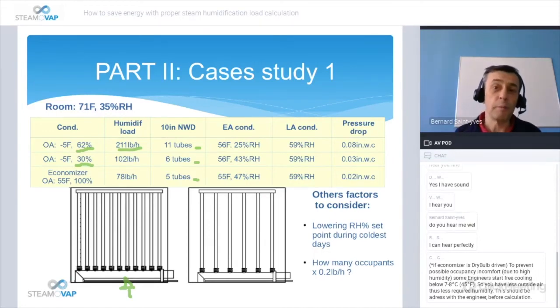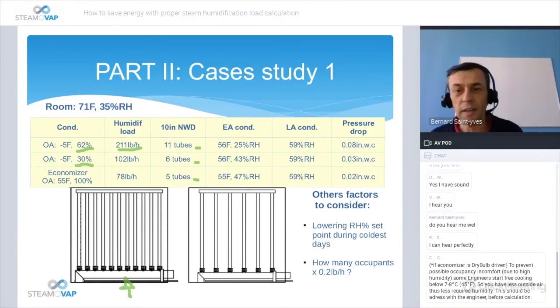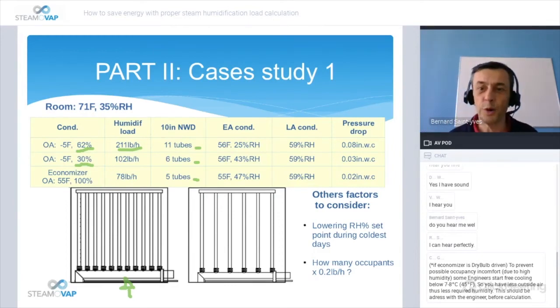So maybe you should consider lowering to the minimum that ASHRAE or experience is telling you. And what do you know about the building? Is it a brand new building? Is it a replacement or renovation? What are the specifications of the windows?